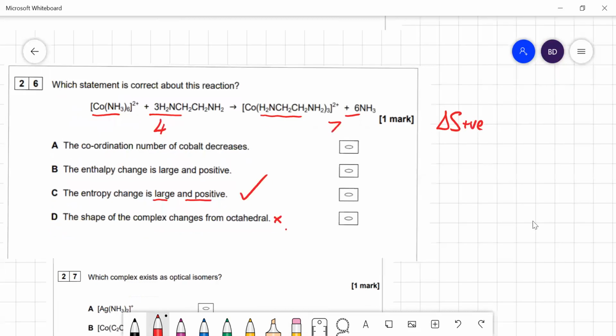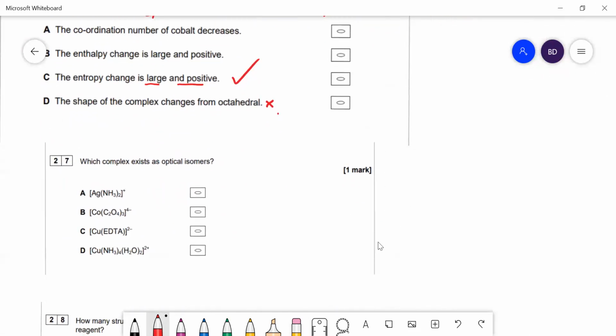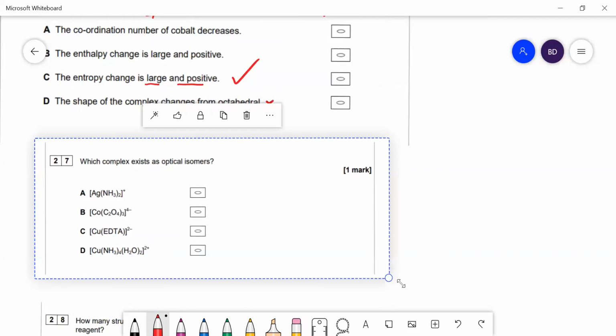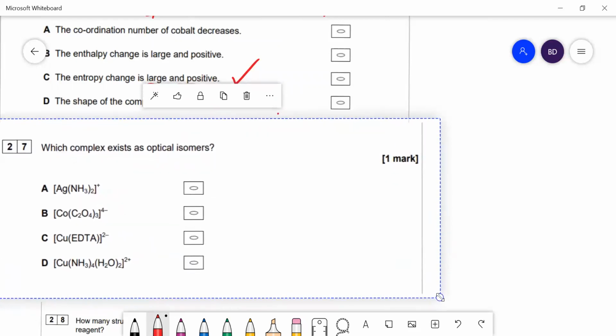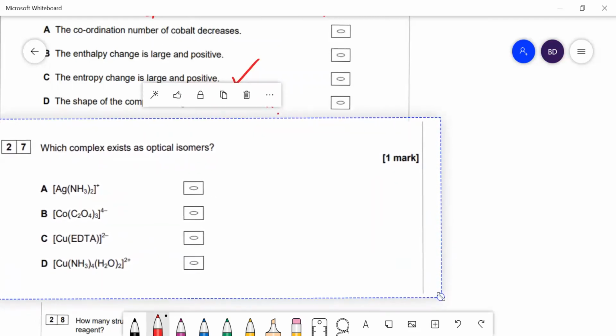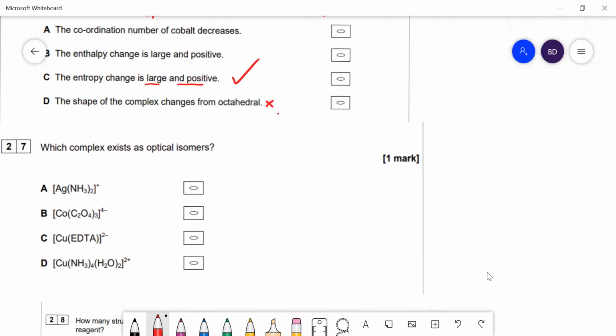Okay. This one is straightforward, you've got to know this one really, you can't really work it out. When you have a bidentate ligand, then there's a possibility of 2 optical isomers. So there are no bidentate ligands except in that one.